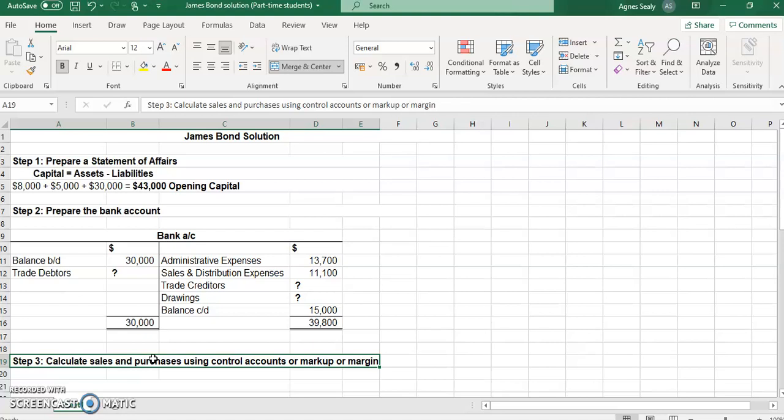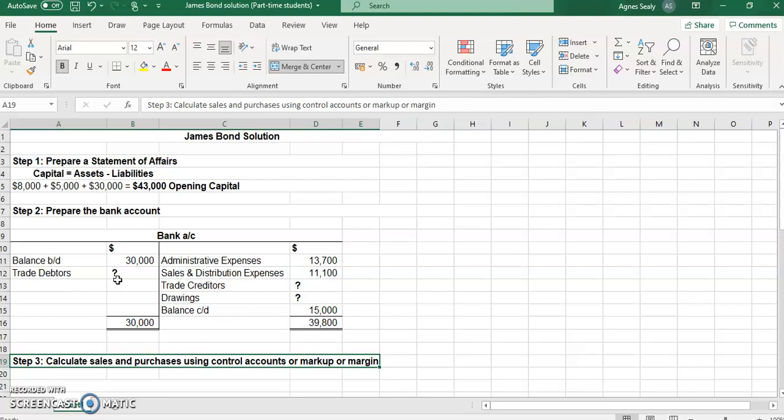Therefore, leaving only one missing figure in that control account, which would then be your credit sales or your credit purchases. However, if you have more than one missing figure for your control account, in this case we do, because we do not know our credit sales, neither do we know how much we received from the customers. So those are two missing figures, so you cannot use the control accounts for your credit sales.